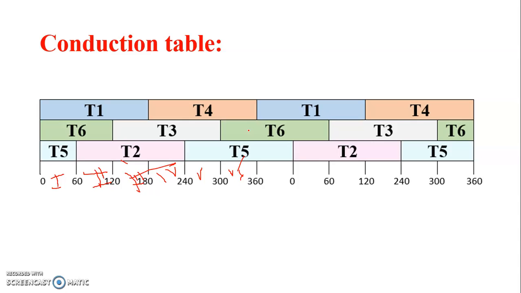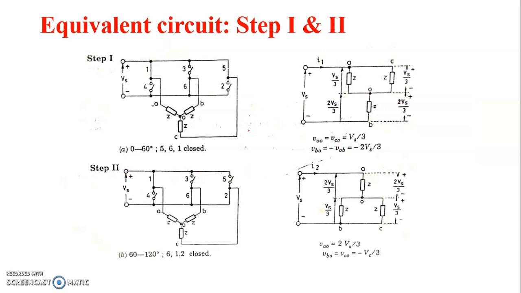Based upon this, we drew an equivalent circuit for step 1, step 2, step 3 and step 4. Here the circuit is for step 1. In step 1, thyristors T5, T6, T1 are turned on.